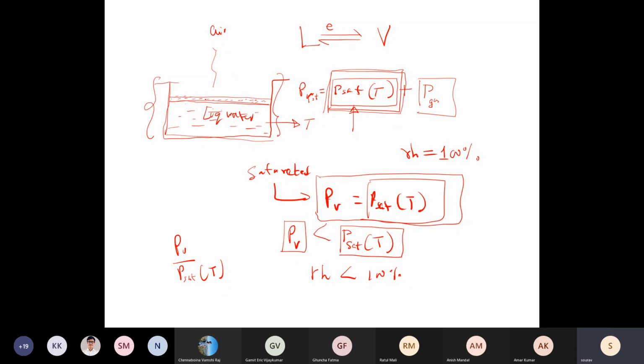So the air just above this liquid column will be saturated. Further away, it is unsaturated. Now there is a concentration gradient of water vapor. So water vapor can now diffuse. So vapor molecules can now diffuse from this saturated layer to the unsaturated air.